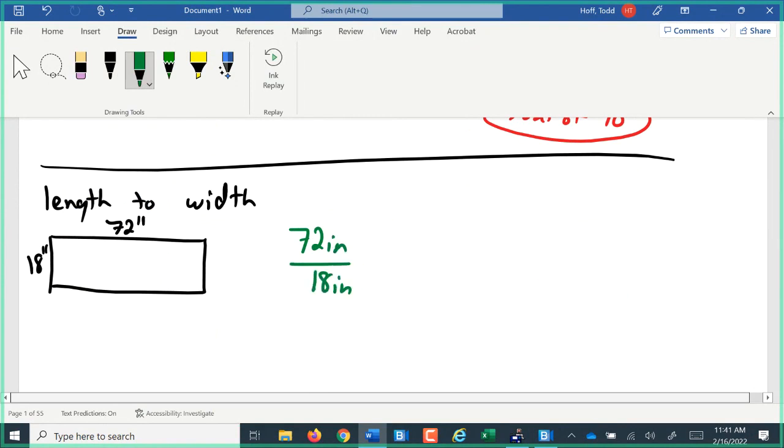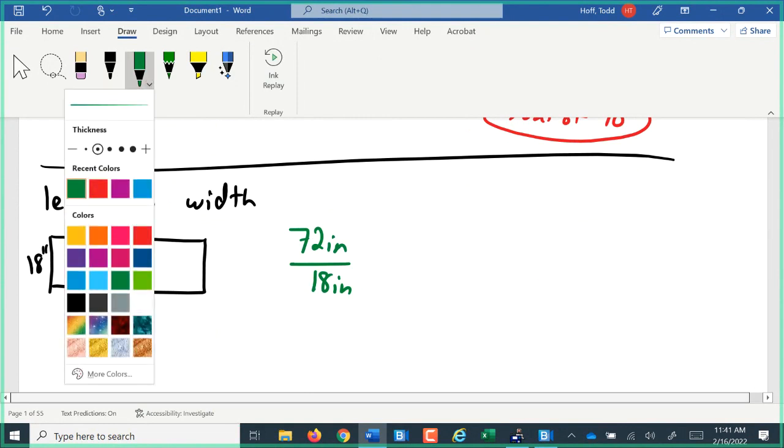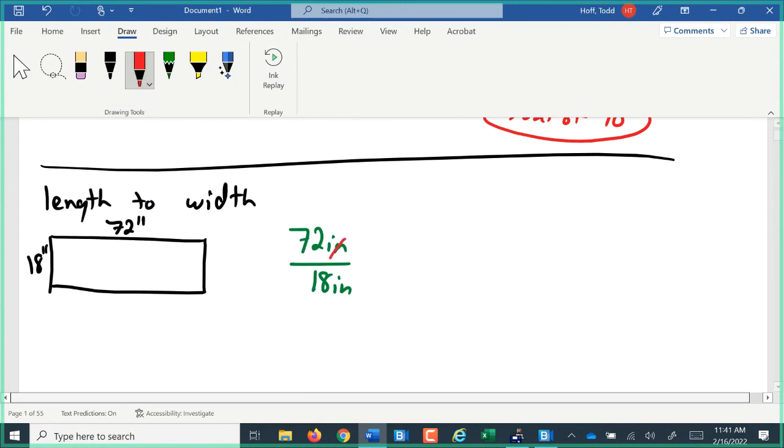Again, I'm choosing to use that fraction form, but knowing it is a ratio. Now, just like we could in fractions, we can cancel out common items, so the inches are gone. 72 and 18, I can start reducing that just like I would any fraction. Both divide by 2. 72 divided by 2 is 36. 18 divided by 2 is 9. And there I see that both of those can divide by 9, giving me 4 to 1.